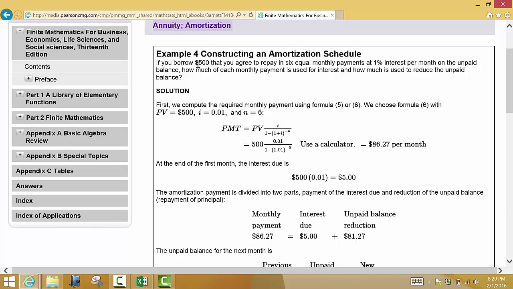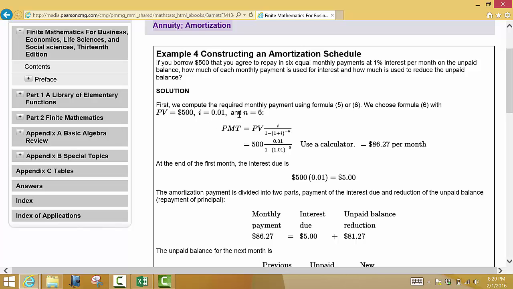First of all, we're taking a value and we are paying that loan off. At the end, the value of the loan is decreasing all the way to 0. So we're talking about present value. The present value, what we're starting out with at the beginning, is $500. The periodic interest rate, or the interest rate per period per month, is 1%. They've already calculated that for us.